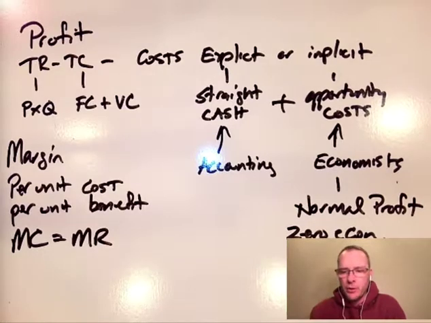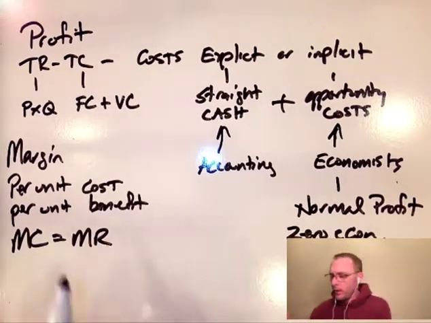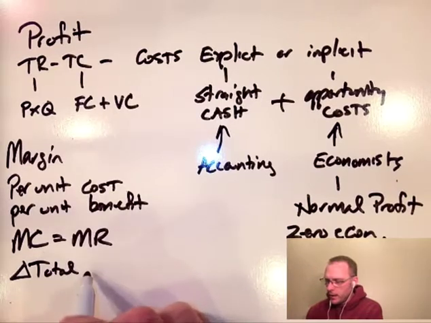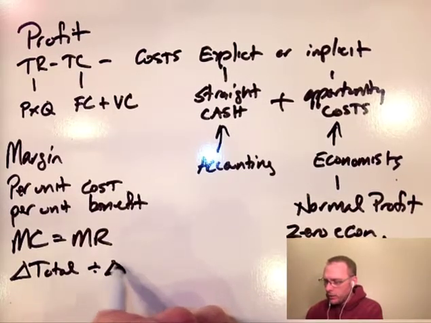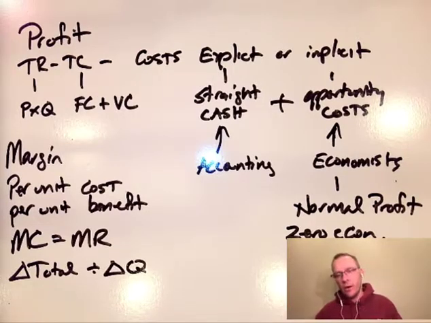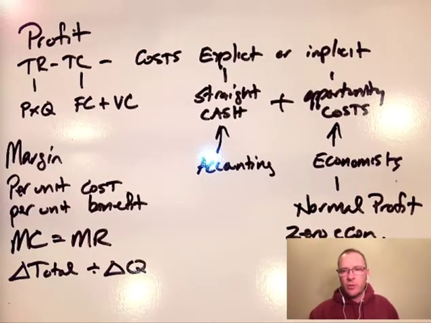It's all about the margin. Remember, you get the margin by taking the change in your total, whatever that is, divided by the change in the quantity. So if it's total cost divided by the change in quantity, or total revenue divided by change in quantity, whatever that is, it's the change divided by the change.